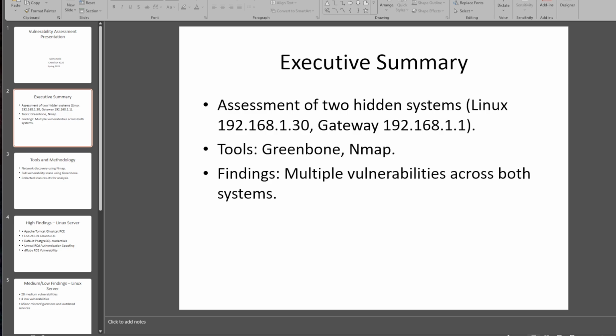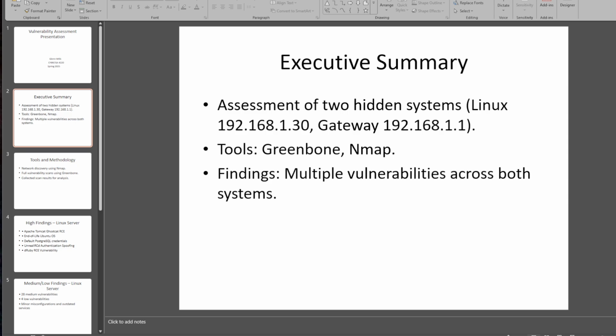I ran a command that gives us more information about the system. I was able to find out that the first machine, 192.168.1.30, is a Linux machine. And the second one was a FreeBSD server, I believe it was. But I just have it as a gateway as of now.